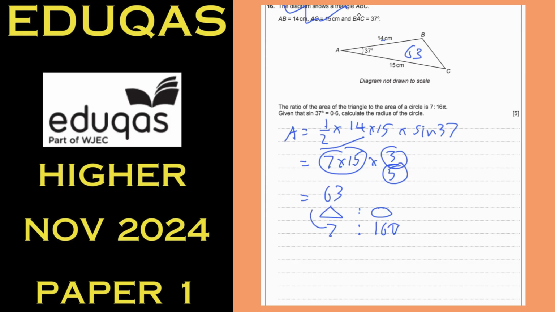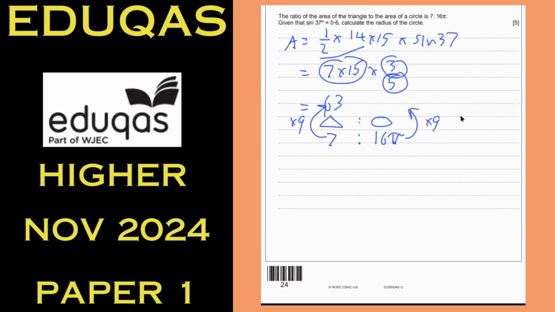To go from there to there, it's times by 9. And because they're in the same proportion when it's a same ratio, we should be timesing that by 9 as well. A little bit of mental arithmetic or short multiplication will tell you that 16 times 9 is 144 with a pi on the end.